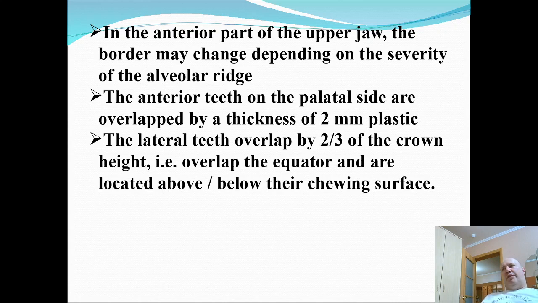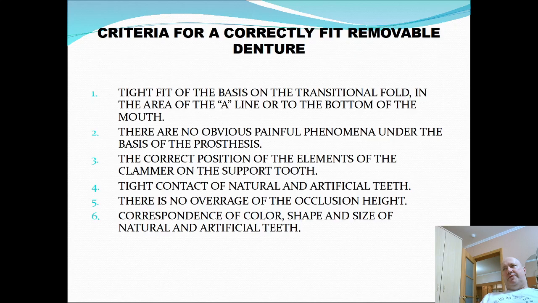The anterior teeth on the palatal side are overlapped by a thickness of 2 mm plastic. The lateral teeth overlap by 2/3 of the crown height, so they overlap the equator and are located above, below their chewing surface.